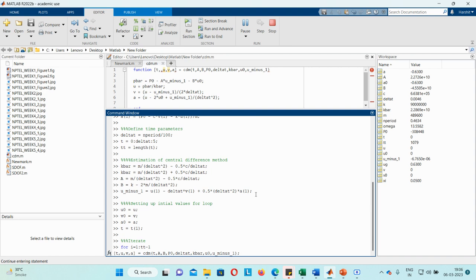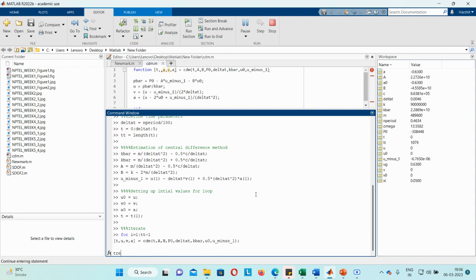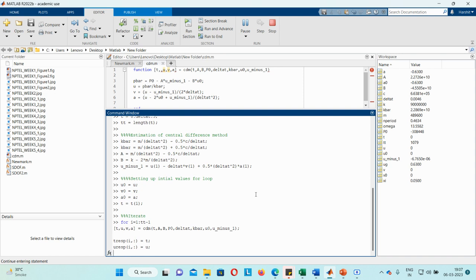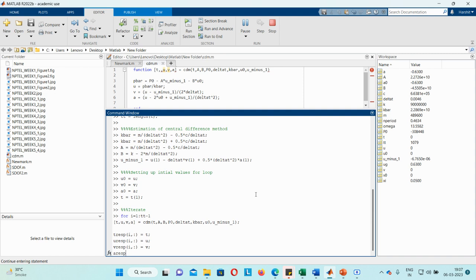Okay. Once we have defined the function, we'll get the response values. So we need to store those values. T of i comma will be t, u response i comma will be u, v response i comma will be v, and a response i comma will be a.